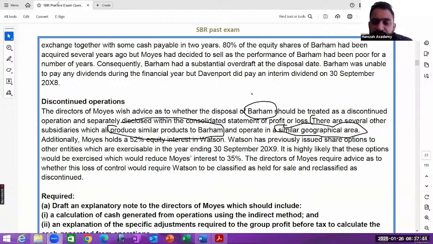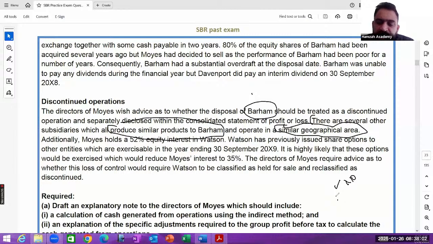Dear student, yes or no? The answer is no. M doesn't authorize the sale of Watson company.